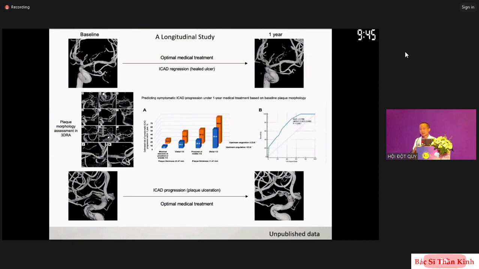They are namely the smaller upstream plaque shoulder, the higher plaque thickness, as well as when the plaque burden is skewed to the distal one-third of the plaque. And if we put these three morphometric parameters into a predictive model, this model is highly predictive of ICAD progression.